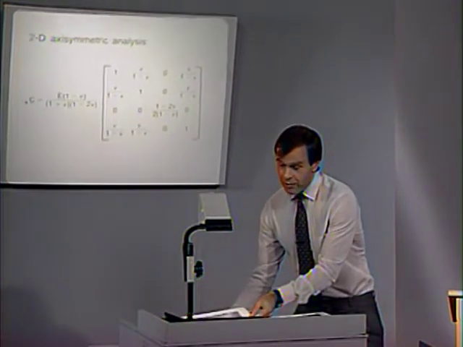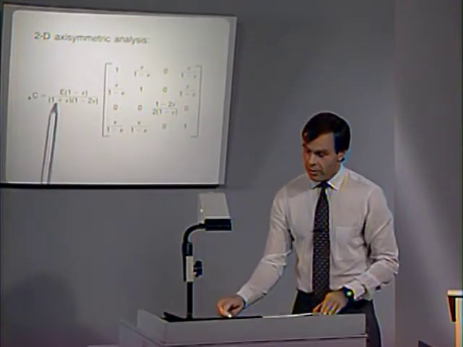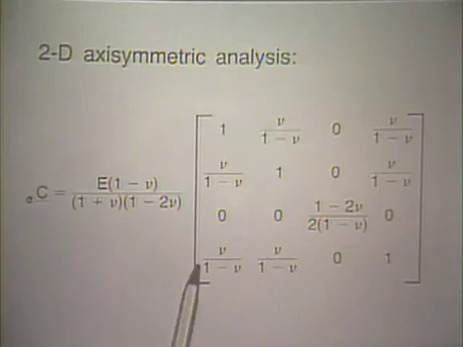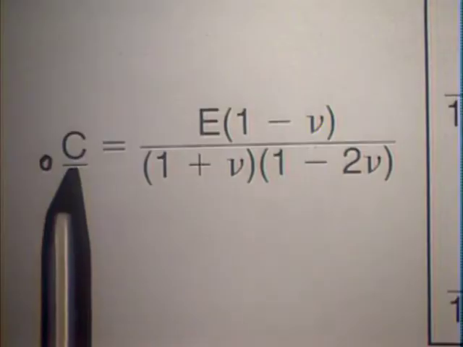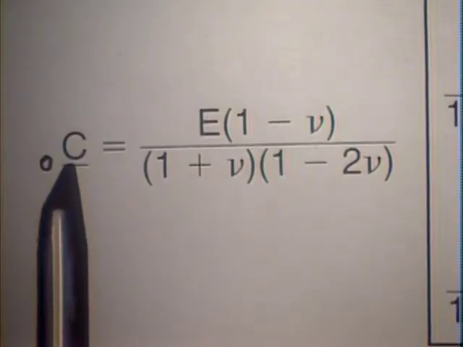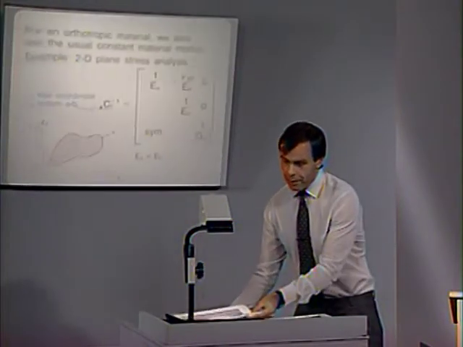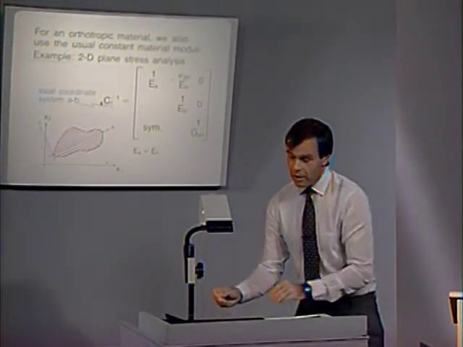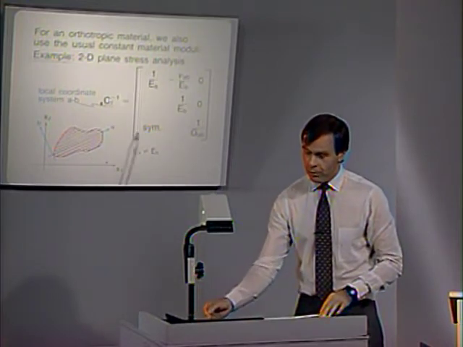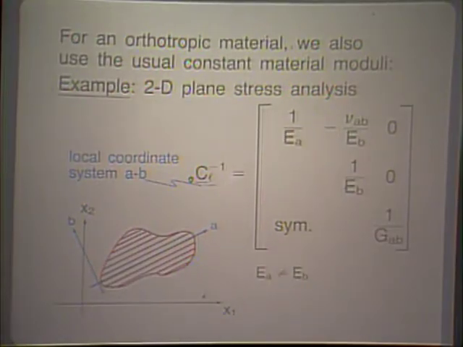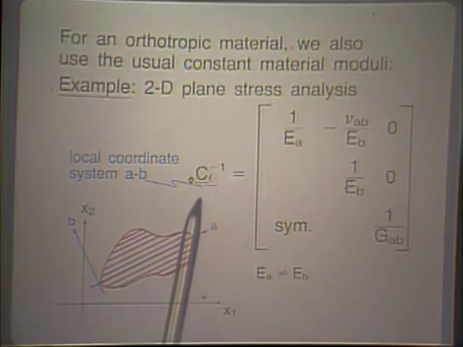For 2D axisymmetric analysis, we would use this stress-strain law, once again for the increments in the stresses and for the total stresses. For an orthotropic material, we would typically have this stress-strain law in plane stress, plane strain analysis. And there you see again the 0.